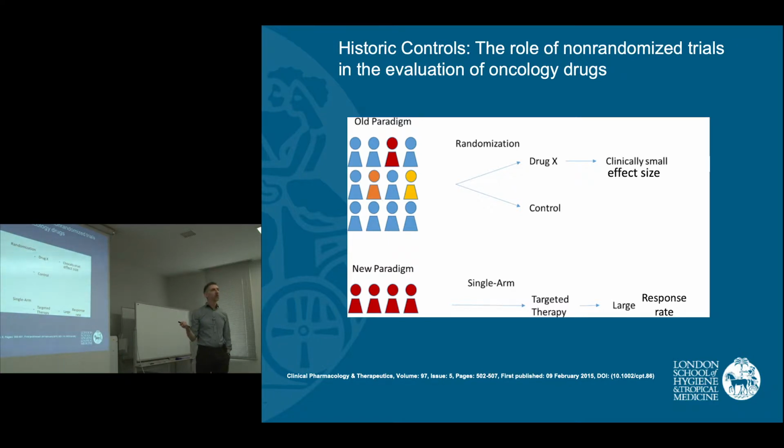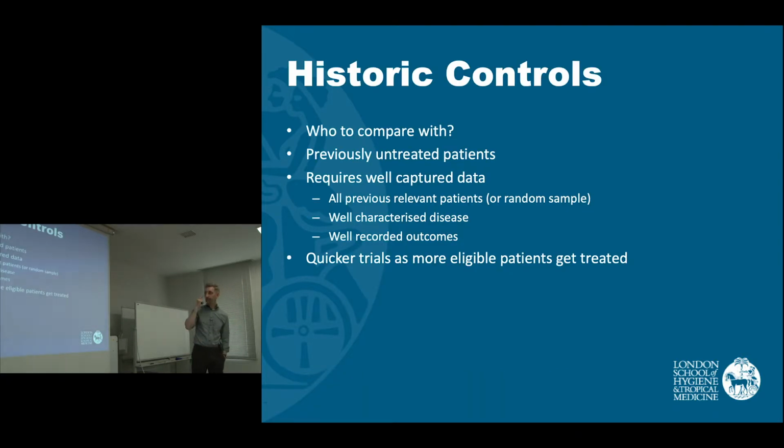It's possible, if the data exist, that I could use patients that look like these red patients, but maybe 3 or 4 years ago, when this treatment wasn't available, if I've got the right kind of data. There are lots of considerations that we need to be careful about if we're going to do this.